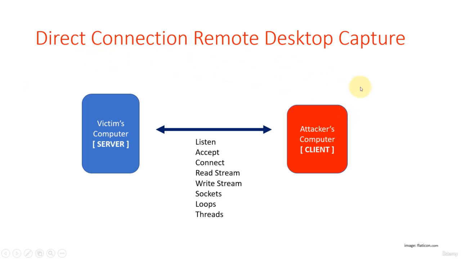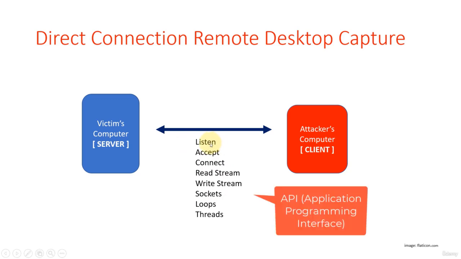This is a typical architecture of direct connection remote desktop capture. In this kind of architecture, the attacker will connect to the victim's computer using the low-level API. APIs are functions, and in this case, the functions come from Microsoft.